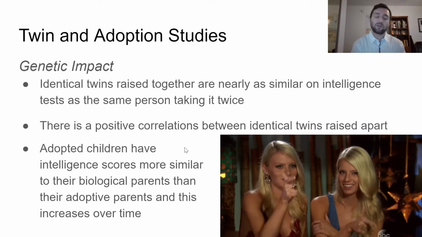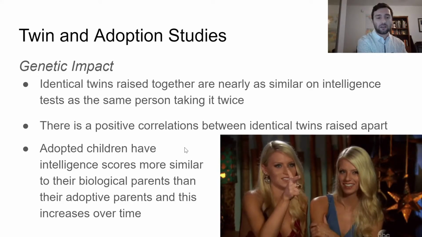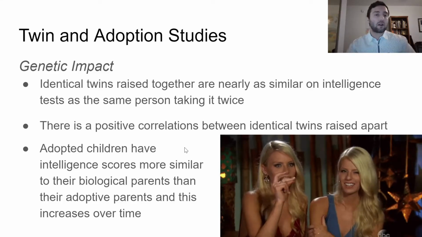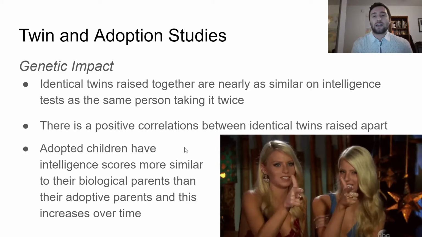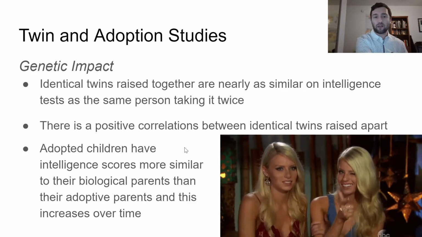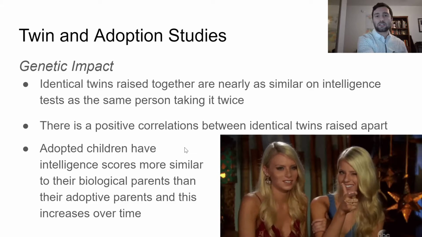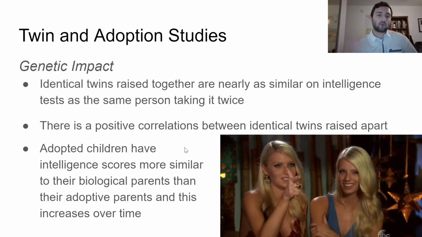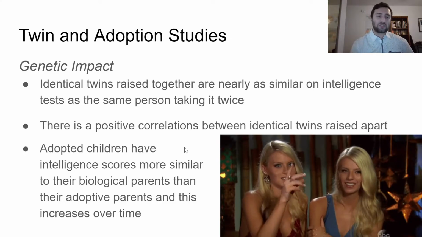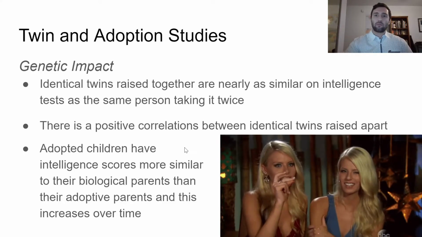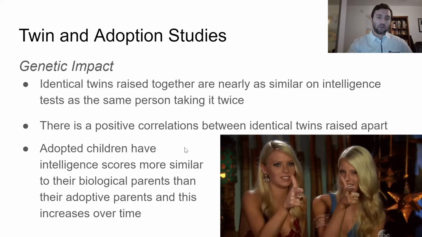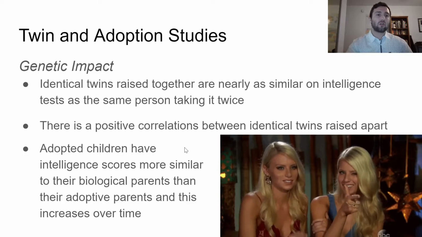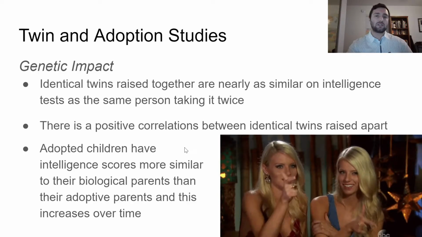If we IQ test that kid, IQ test the adoptive parents, and IQ test their biological parents, we would actually see that even though this kid is living with a different family, his intelligence is going to be closer to his biological parents. And as he, or she, I guess, gets older and older, that IQ will get closer and closer to their biological parents. So there is a pretty strong link between intelligence and your genetics.